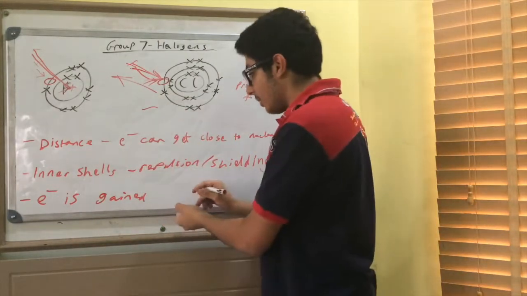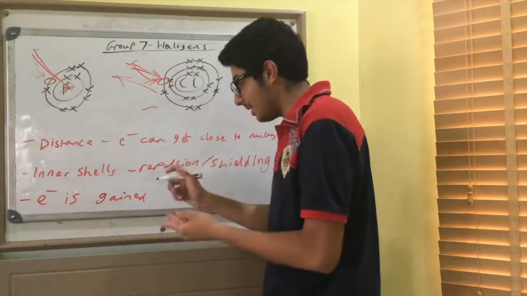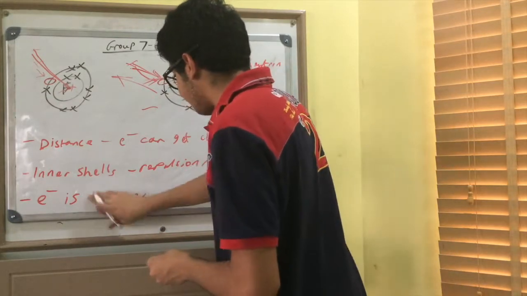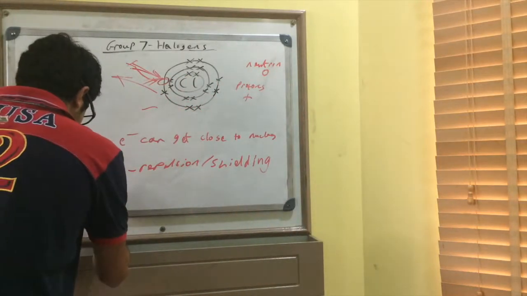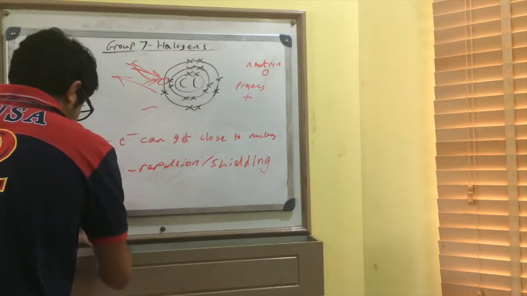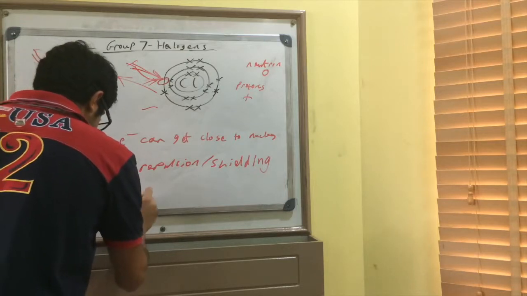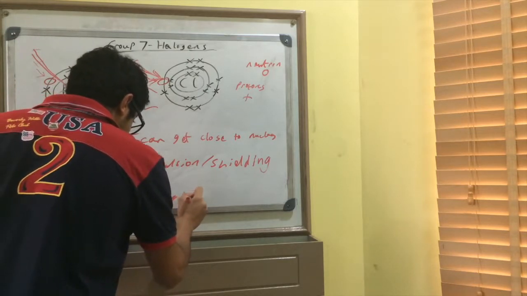And the third marking point, as I just said: the electron is harder to gain as you go down the group.